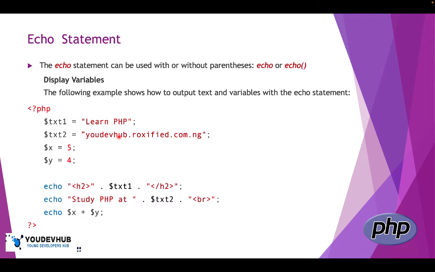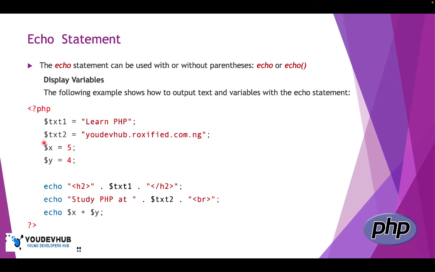Also, as we've seen here, echo can also be used to display variables. Now, what are variables? Variables are containers that are used to store data. They can take a range of data from strings to integers to floats to other data types, which we'll be discussing in a later chapter.